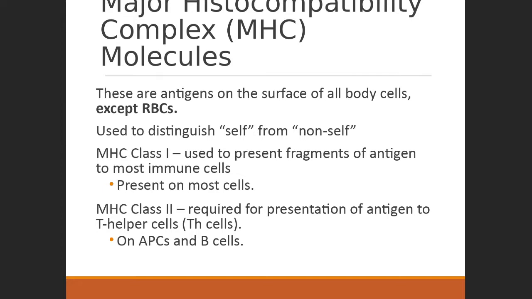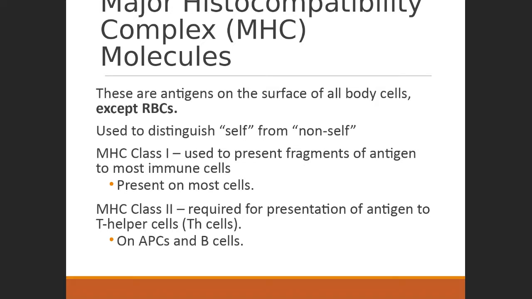They detect stressed cells without any formal presentation. Part of that presentation could be a major histocompatibility complex. It's these proteins that essentially allow us to distinguish self from non-self, foreign antigens versus self antigens.